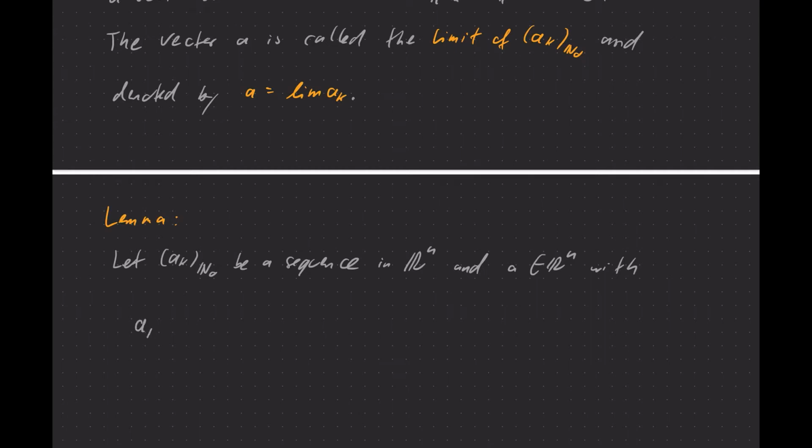So this a_k is a vector that consists of n coordinates, and we just denote this as alpha_1k to alpha_nk, and a we will denote as alpha_1 to alpha_n.